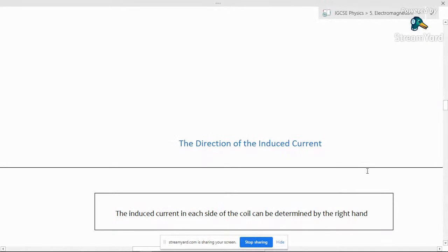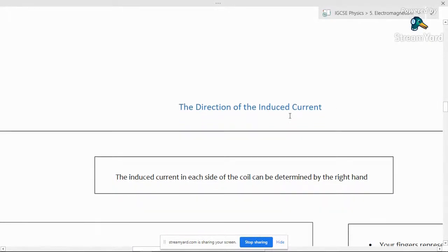Okay, so now back to the direction of the induced current. We just talked about the fact that we can figure that out by our right hand palm rule. I should probably add that right here, the right hand palm rule.